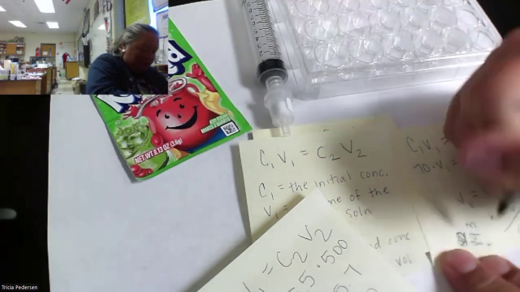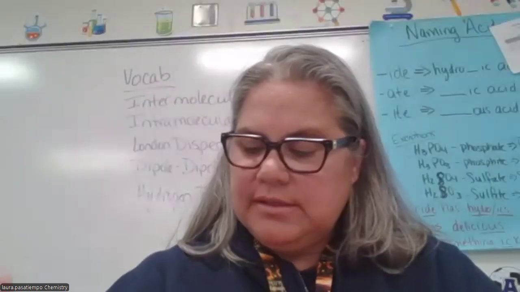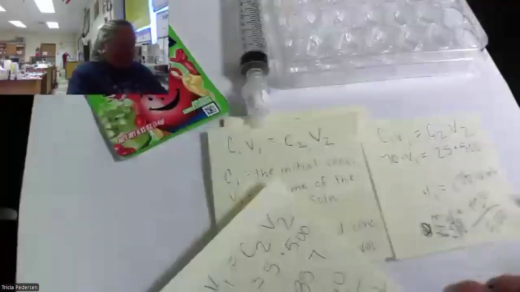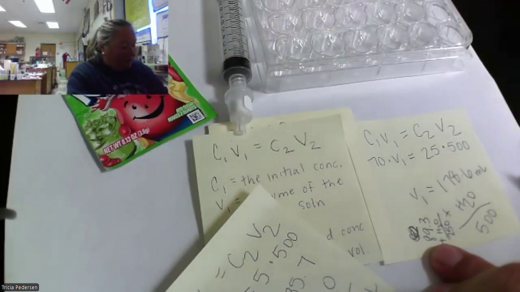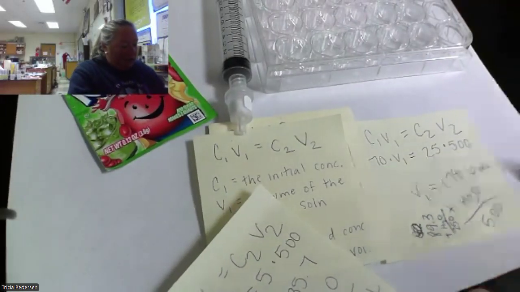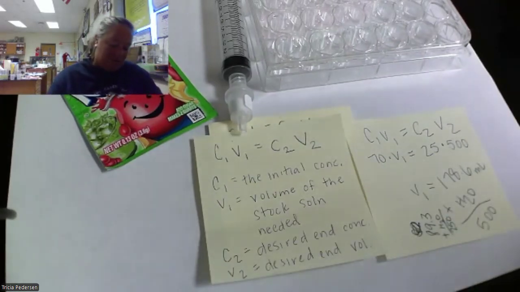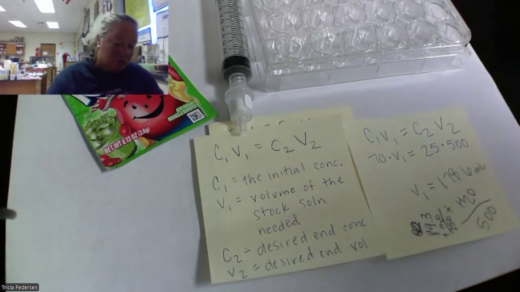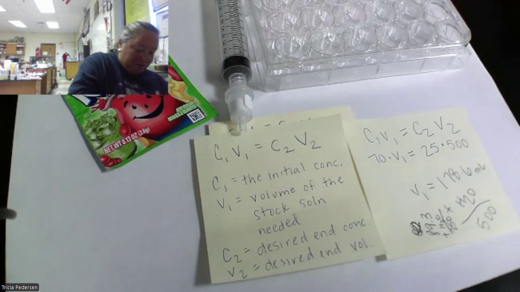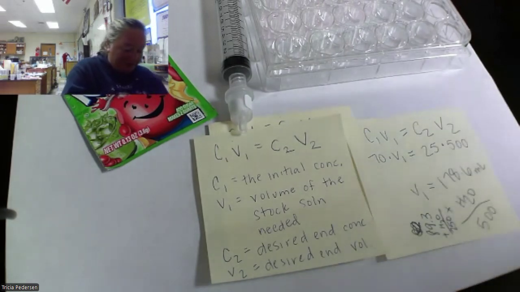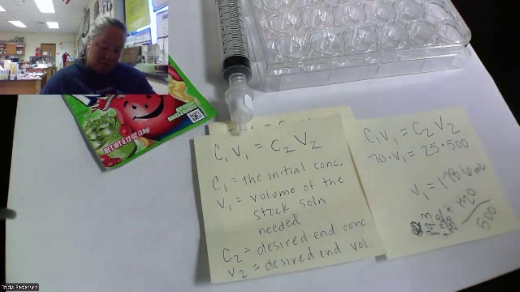89.3. 89 and 161. Yep, that's what I was just going to put up here for you guys. So 89 and 161 would be for the 25%, and then 35.72, so 17.9 or 18 plus water.